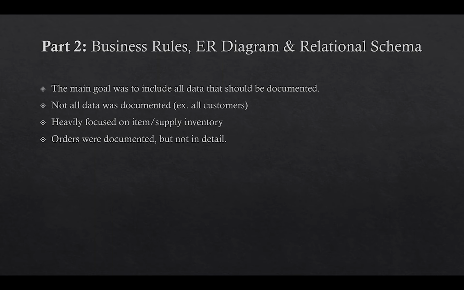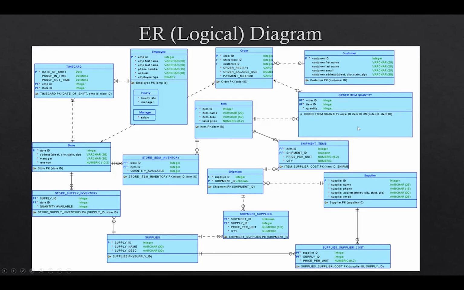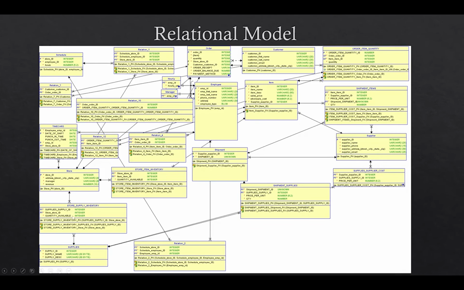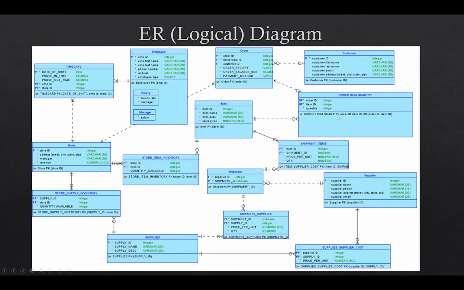Obviously not all data was documented, for example all customers. If I show you the diagram here, now this is just a diagram, not the actual schema, but it's a little easier to follow, so I can use this as an example. We do have a way to document customer purchases via customer ID. However, this would be more useful in, let's say, a loyalty program.